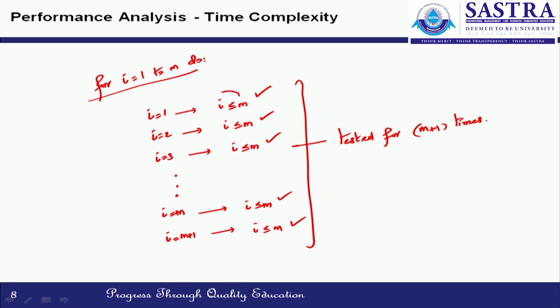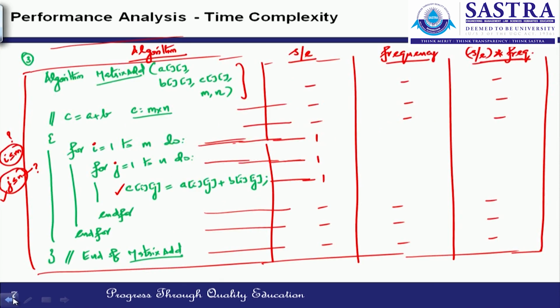It is tested for 1, 2, 3, etc., up to m plus 1. So, here for i is equal to 1 to m, the frequency is m plus 1.